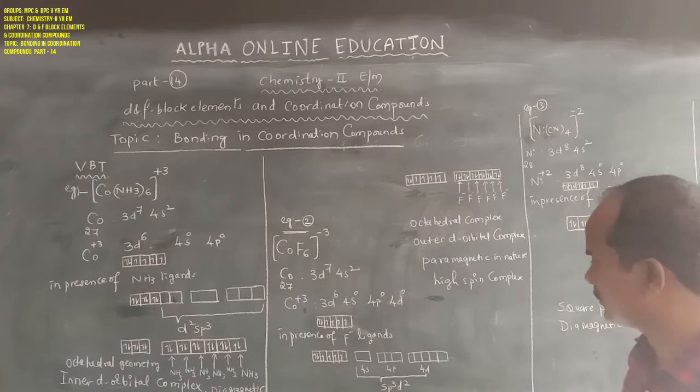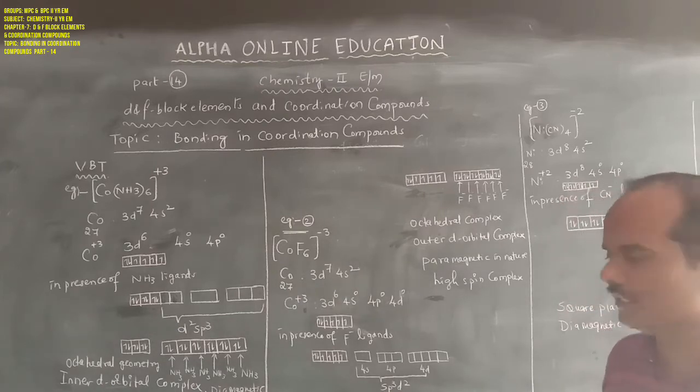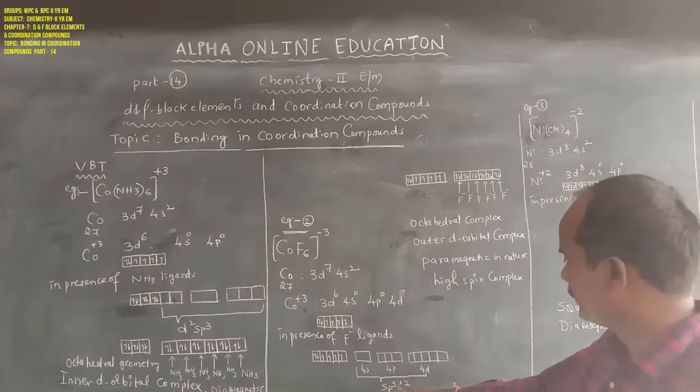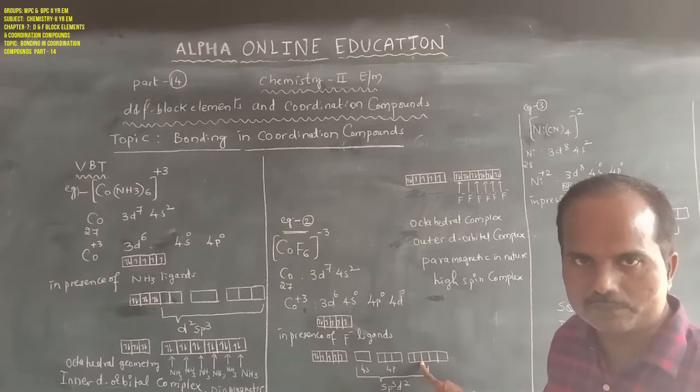Six hybrid orbitals are formed, which are vacant.